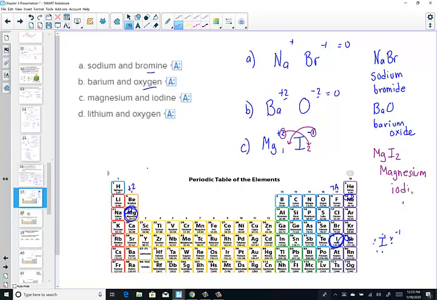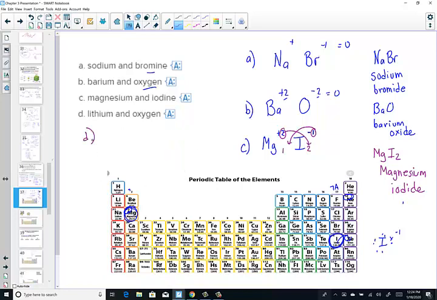Hear the IDE ending. Now visually, magnesium with its 2 positive charges would take 2 units of an iodide, each at a -1, to balance those charges. So MgI2, magnesium iodide.